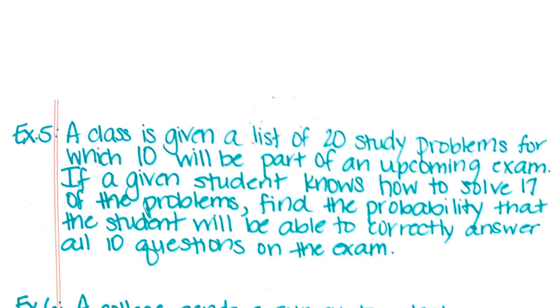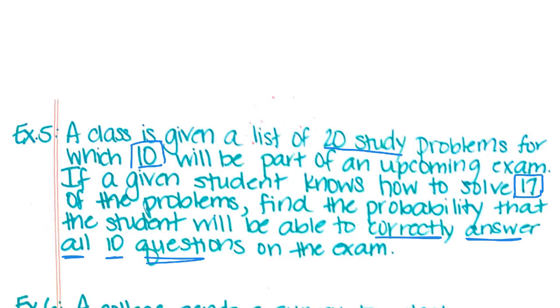All right, this one I find my students have a really hard time with. It says, a class is given a list of 20 study problems for which 10 will be part of an upcoming exam. If a given student knows how to solve 17, so the student only knows how to solve 17 of the problems, find the probability that the student will be able to correctly answer all 10 questions.